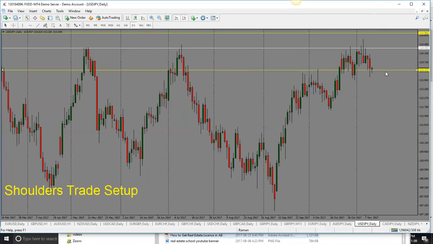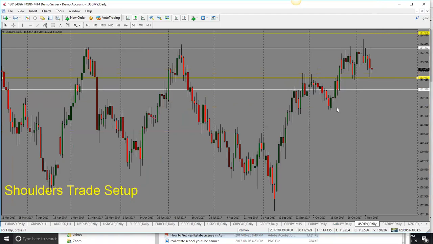This is dollar yen. Dollar yen has been in this big range for a while, so now we are into the bottom of the range. So I am looking for a retest of this 113 level. This is what we were looking at yesterday. If it does break that level, the next level will be 112.50. So bias still remains to the downside here.